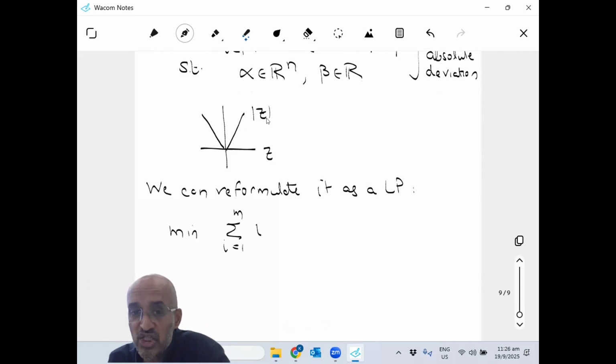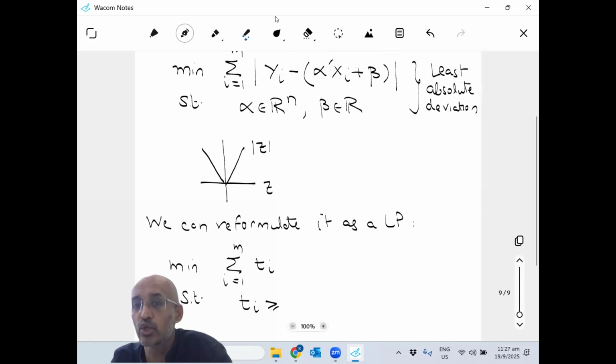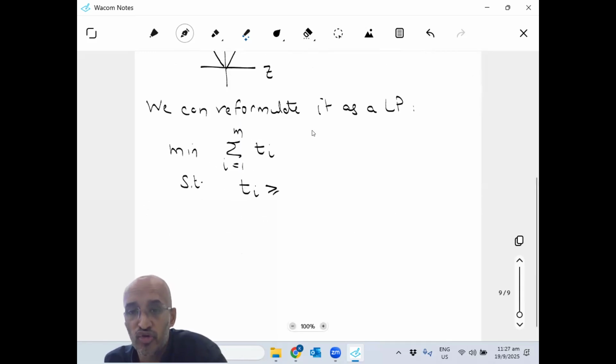I will have one for each term, subject to ti exceeding the absolute value of these two numbers. So this is clearly not an LP at this point, but let me just write it anyway. This is an equivalent formulation. Whenever I say something is an equivalent formulation, it means if I solve this problem, I solve that original problem.